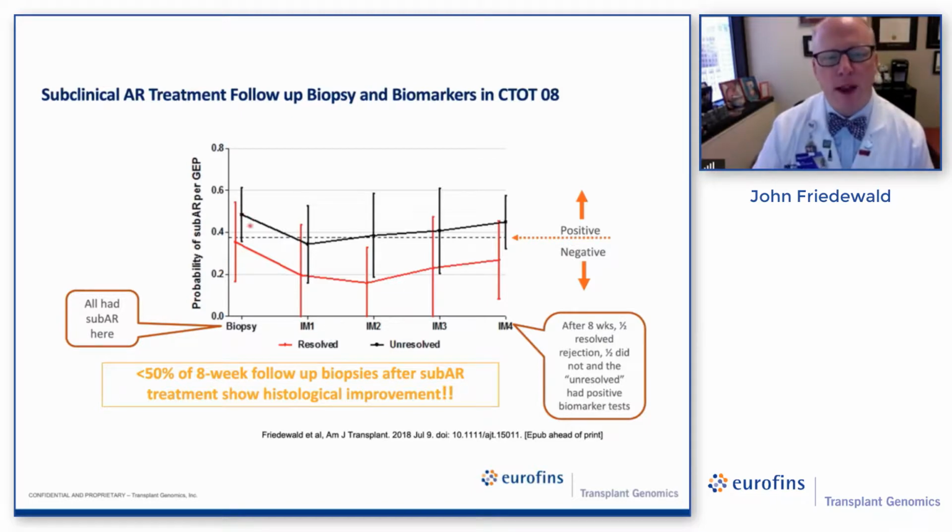But almost all the patients that didn't have resolution of rejection had a positive biomarker at baseline. By the time treatment was done, most of the people that did not resolve still had a positive biomarker, where most of the patients that had resolution had a negative biomarker. So what this tells us is we can then monitor patients after treatment. I showed one example of that in the previous clinical example, how the biomarker can tell you whether a patient has had resolution or not of rejection after treatment.